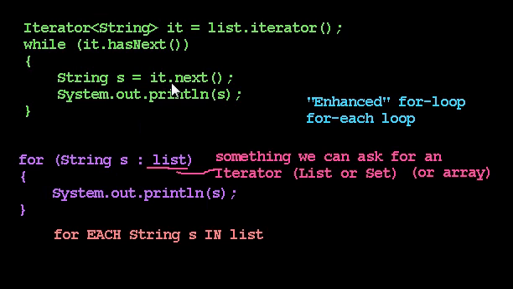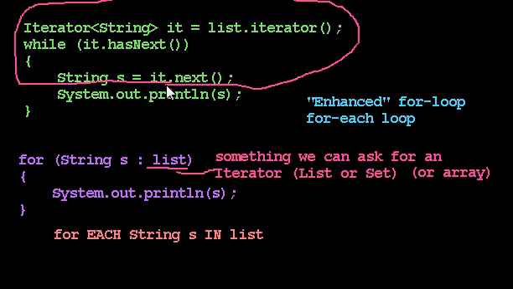So basically, all of this code here is collapsed into this one line of code, this little for loop line, which is nice because, as you've seen, there's a million ways we can mess up using an iterator, and it's nice that there's a shorthand that keeps us from making mistakes.